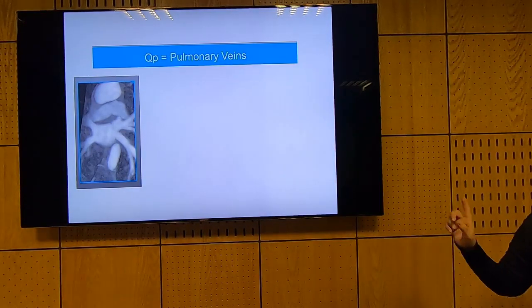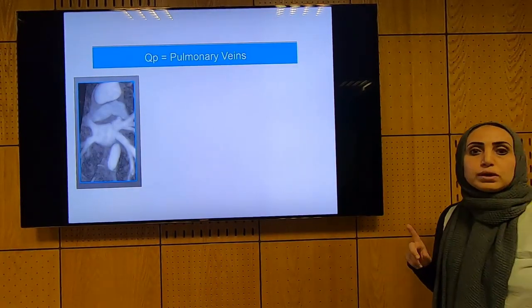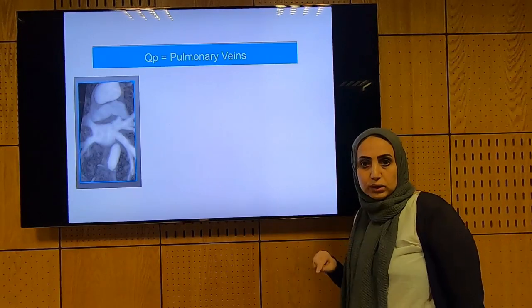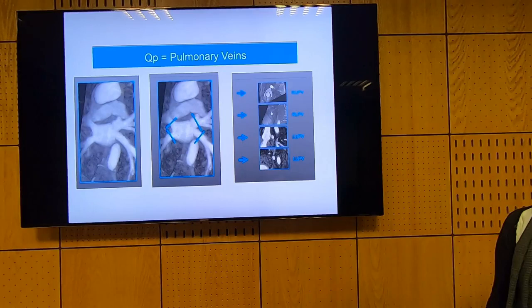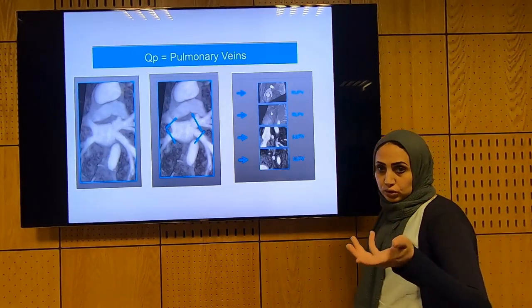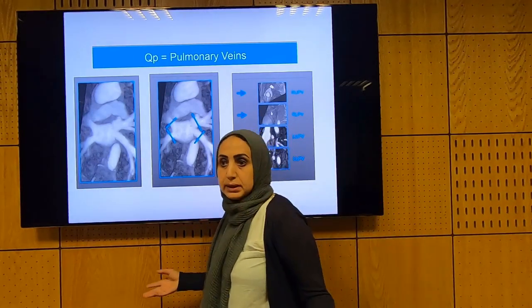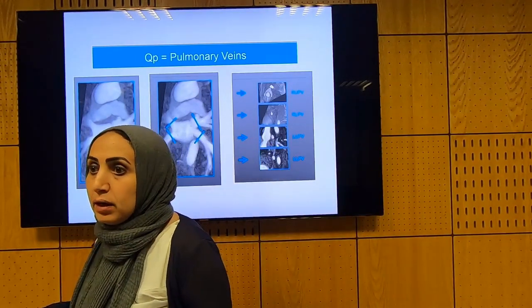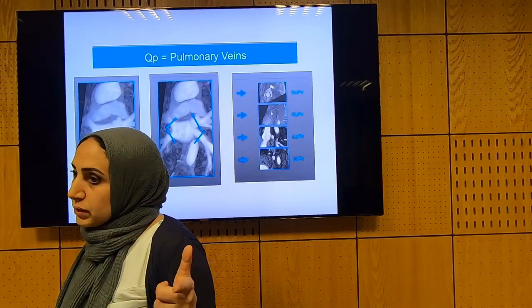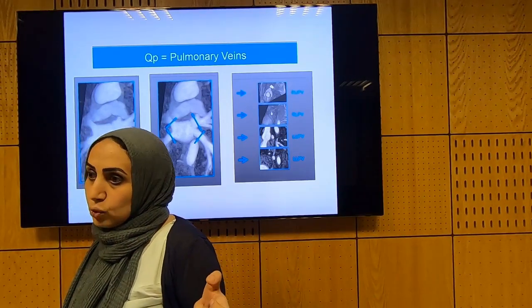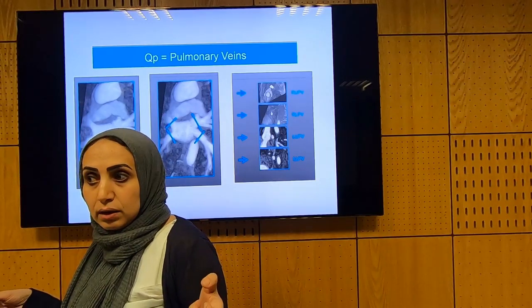So QP equals the pulmonary artery flow equals the pulmonary venous flow. And QS is equal to the aorta, going all over the body and coming back to the heart via the superior vena cava and inferior vena cava. So the combination of the superior vena cava and inferior vena cava flow should be equal to the aorta.